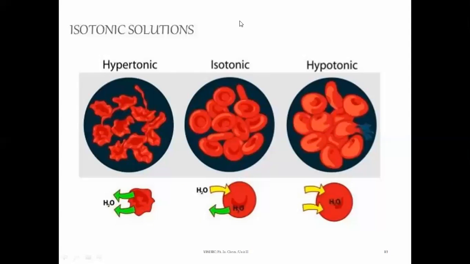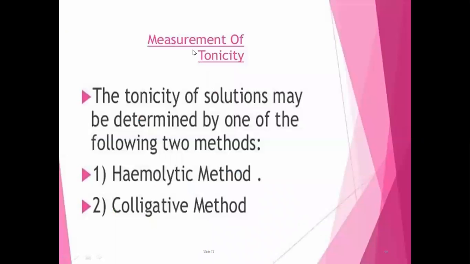But there is no effect with respect to the isotonic solution, as it is totally compatible with the red blood cells. In this way, these are the effects of hypertonic, isotonic and hypotonic solutions on the red blood cells.